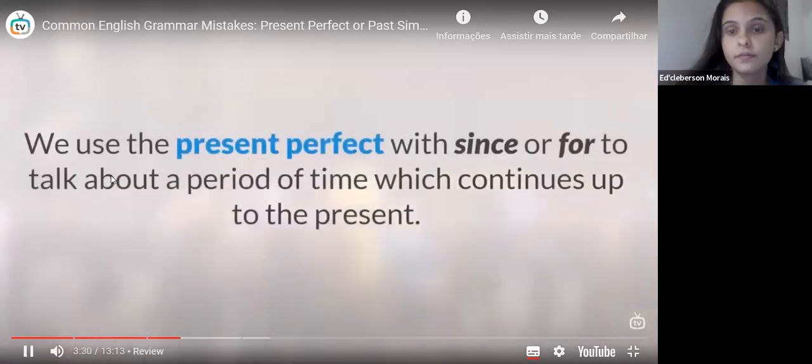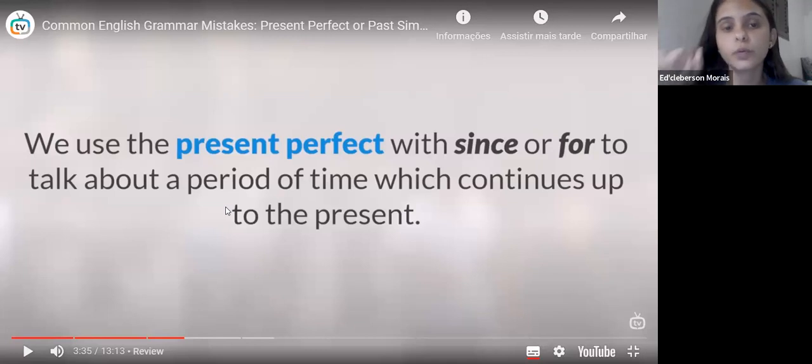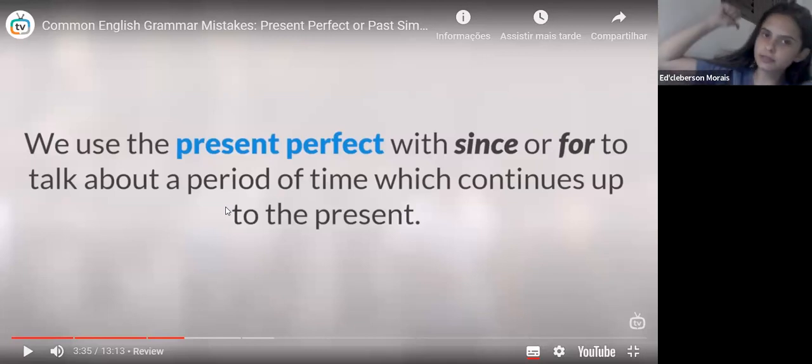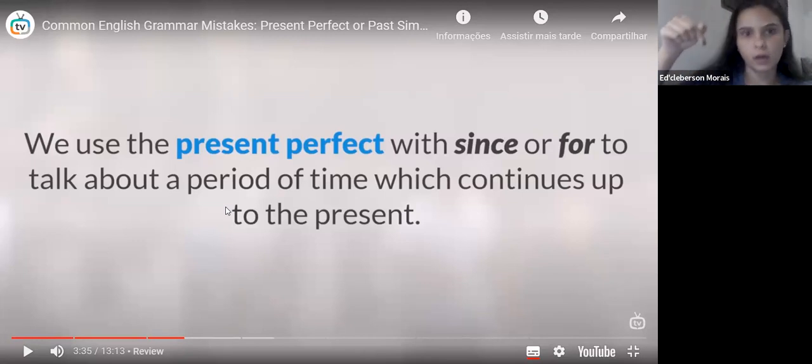We use the present perfect with since or for to talk about a period of time which continues up to the present. So it starts in the past and continues up to now.